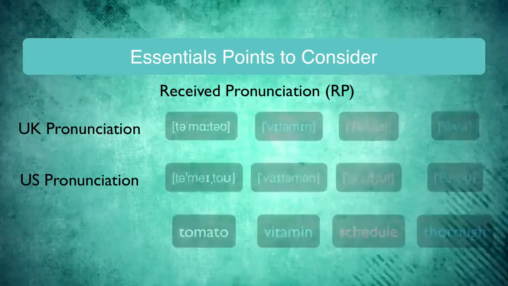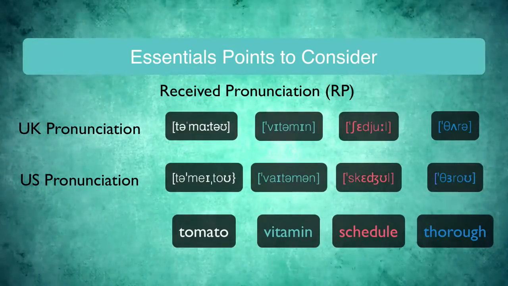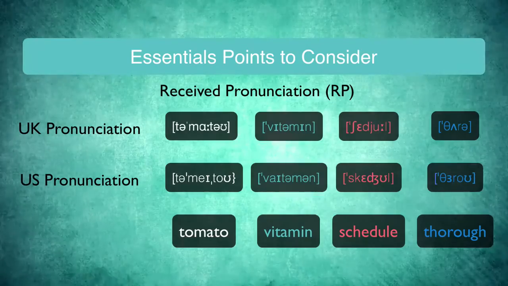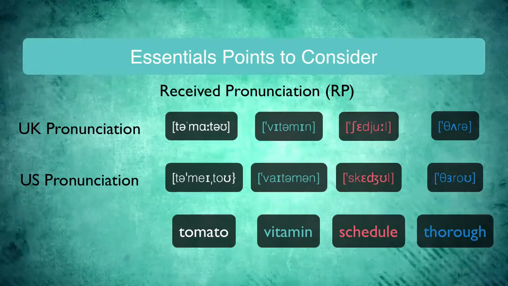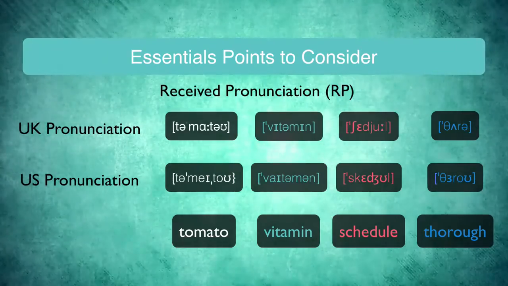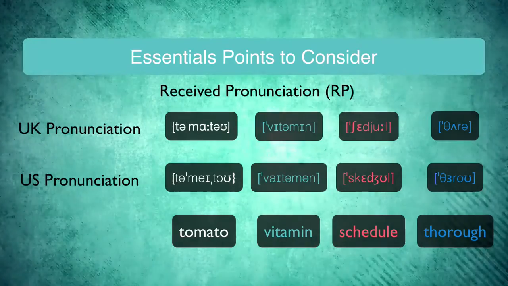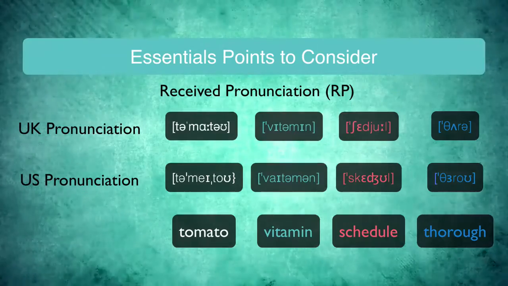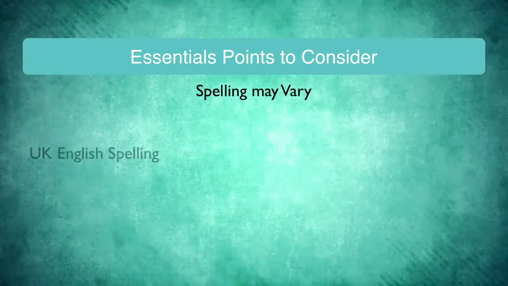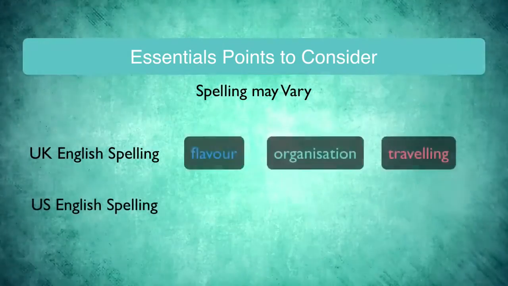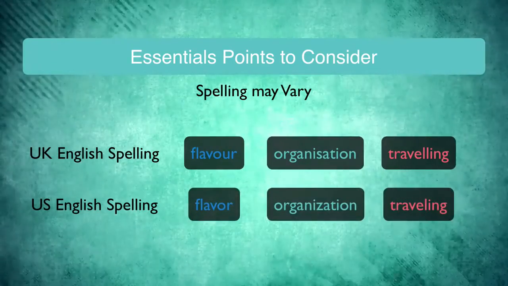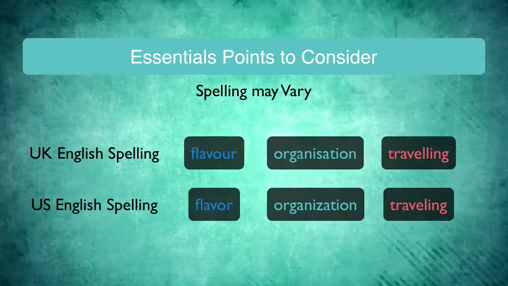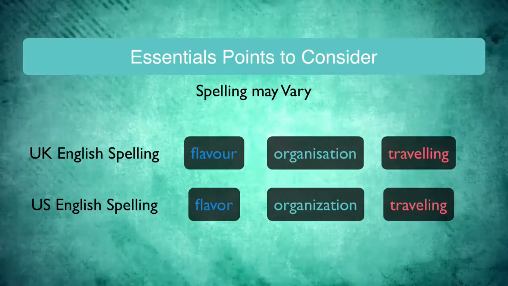They'll say things like tomatoes and then they say vitamins, or schedule versus schedule, or thorough versus thorough. So it's just letting them know which is what, because they will ask you, now this is why it's related to spelling, they will ask you why you spell flavour one way or another, or why there's a Z sometimes in organisation, why there is an S in other texts.